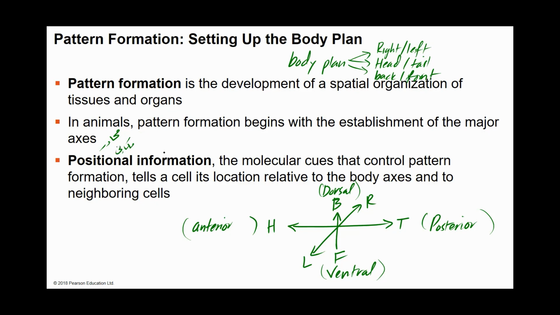And this positional information is provided by cytoplasmic determinants found in the cytoplasm of the egg, and by inductive signals, molecules produced by some embryonic cells that will induce cell differentiation and morphogenesis in other cells of the embryo.